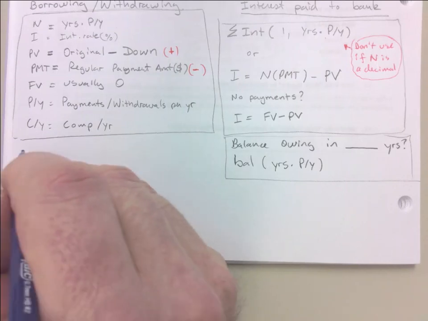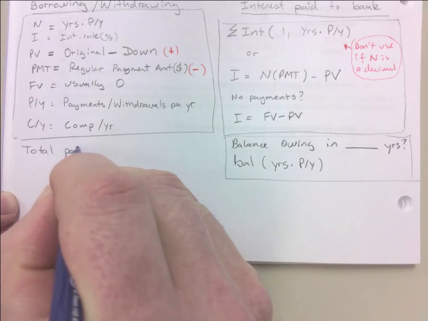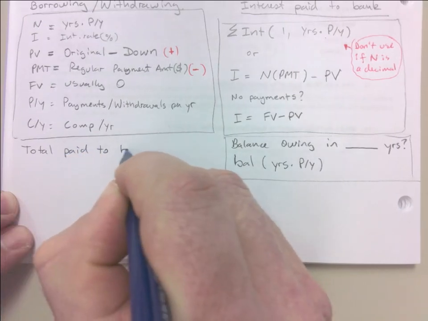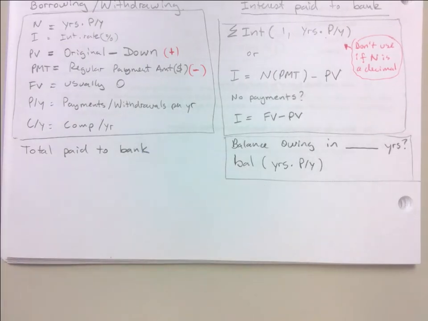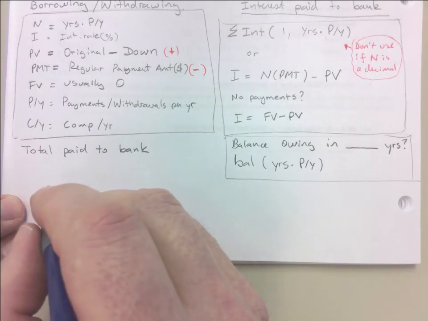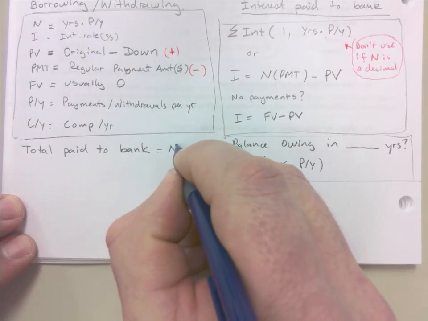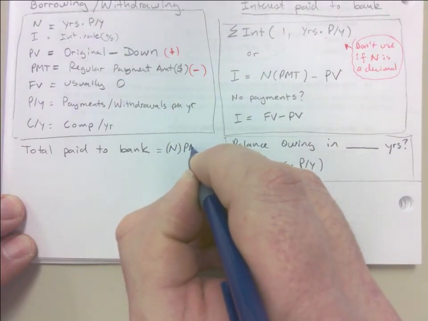Total paid to the bank. This is not interest, this is just how much did you pay the bank at the end. I'm just going to say N times payment.